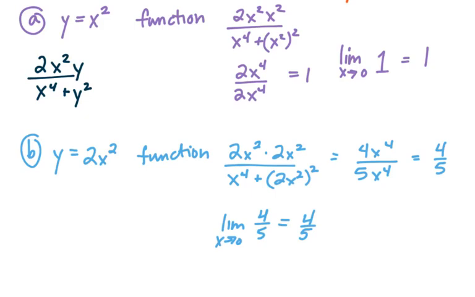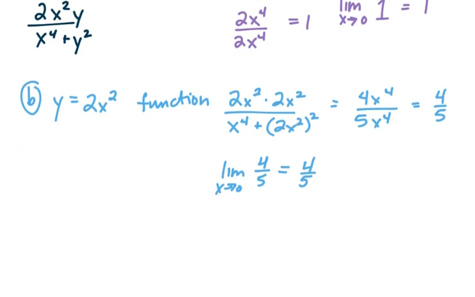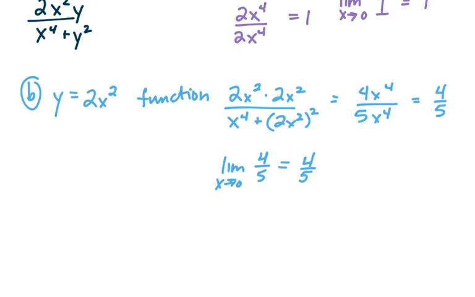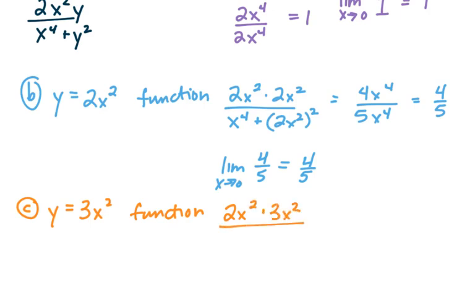And just to be extra rigorous, let's look at what happens if I said y equals 3x squared. What does that do to my function? So I'd take my function and would say 2x squared times 3x squared over x to the fourth plus 3x squared squared, and I end up with 6x to the fourth over 9 plus 1 is 10x to the fourth, or 3/5.